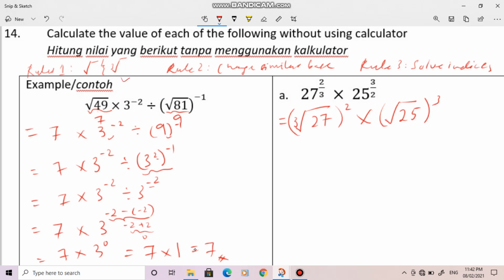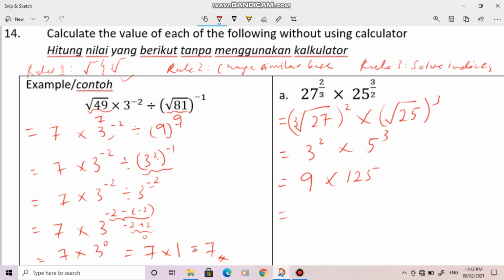Then you can use rule number 1. Cube root of 27 is 3 square. 3 square times square root of 25 is 5 and then power of 3. Okay, 3 square is 9 times 5 cube is 125.